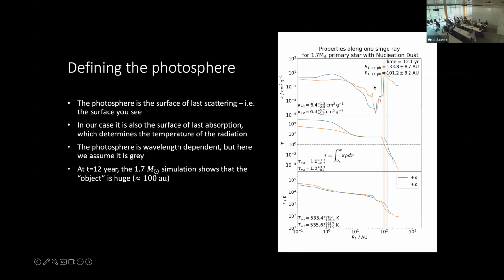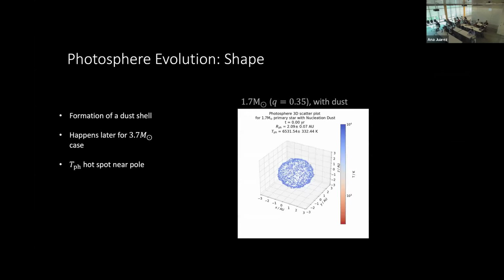Then you have low opacity, which is the recombined gas, pretty transparent. And then you have the electron scattering opacity. You integrate, so the optical depth rises until it reaches about a value of unity. That's your photosphere. At the photosphere, you have a temperature, which will dictate the brightness of the object. So this is basically summarized.